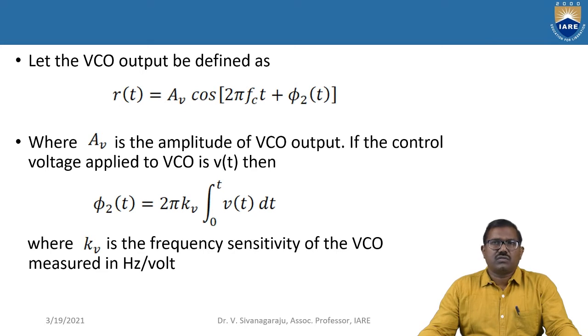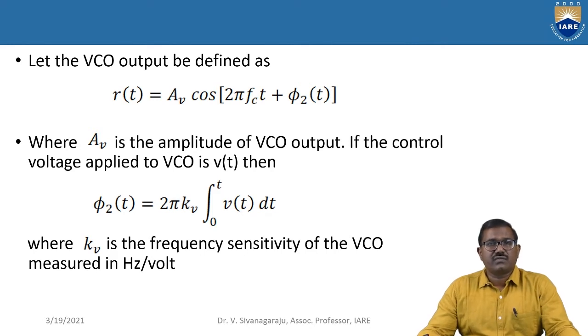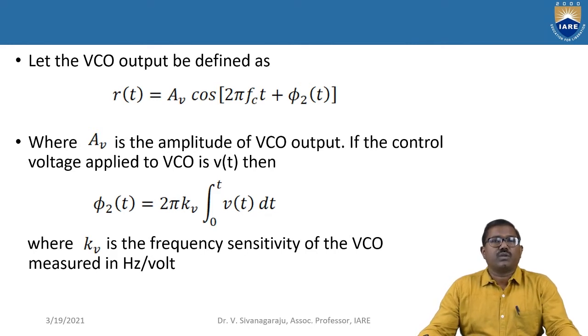If the control voltage applied to the VCO is V of t, which is coming from the loop filter, then phi 2 of t is equal to 2 pi kv integral 0 to t V of t dt, where kv is the frequency sensitivity of the VCO measured in hertz per volt.